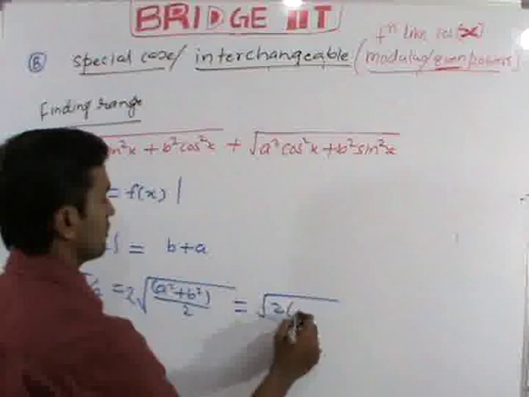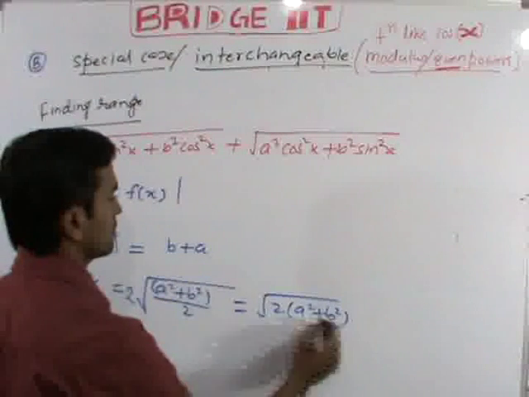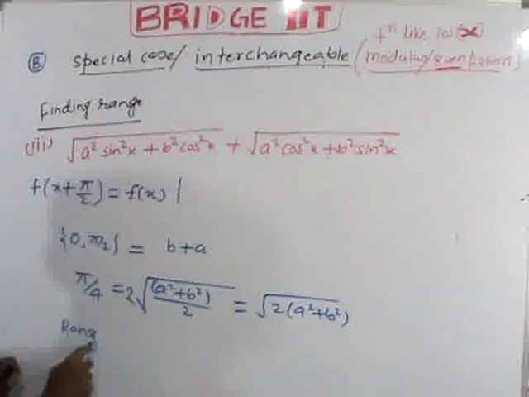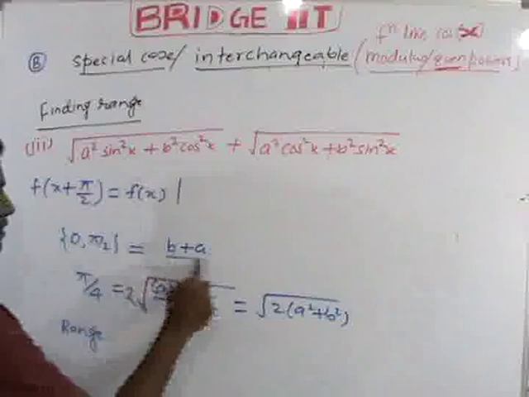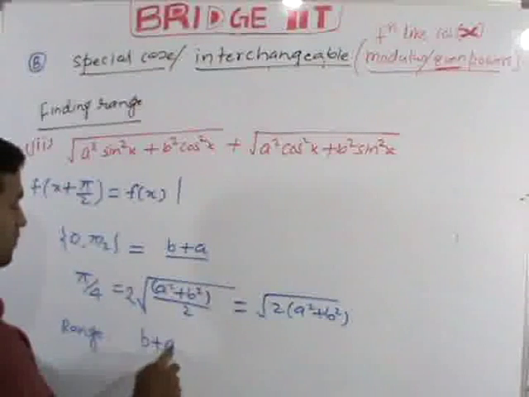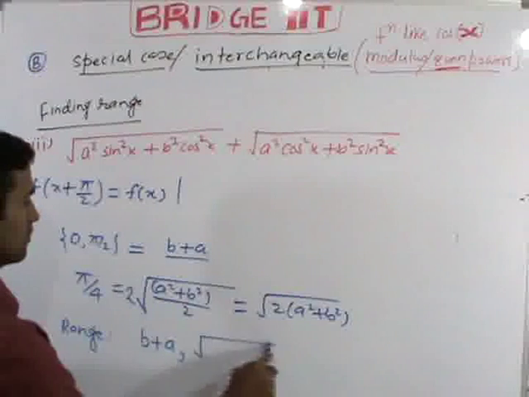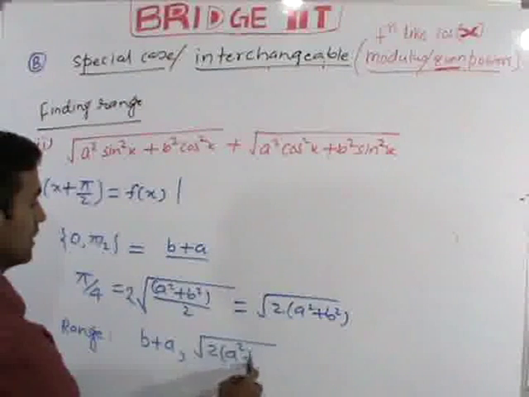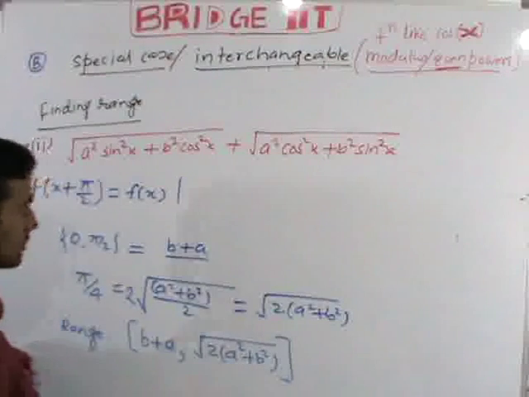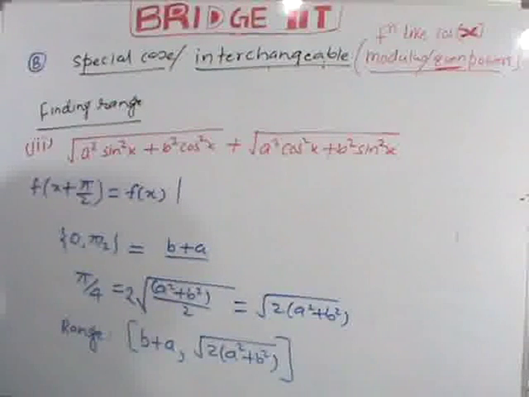So under root of 2 into a square plus b square. So the range of this function, definitely this is more than this one, is from b plus a to under root of 2 times a square plus b square. You can verify this, this is the range of the function.